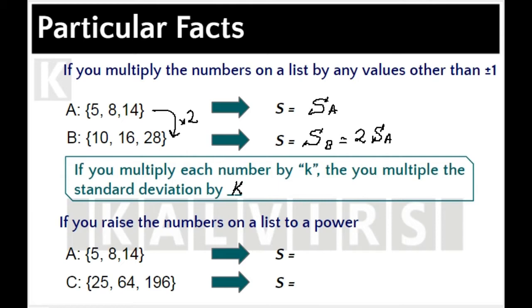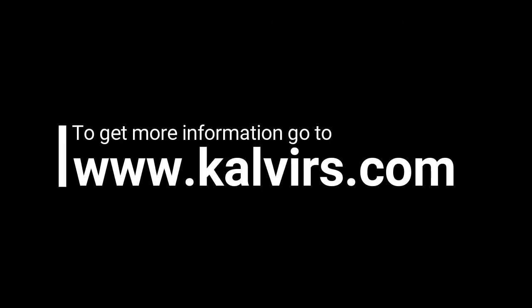Now, if the values of a list are raised to a power, the standard deviation is a different number. So, if the standard deviation of set A is this number, then the standard deviation of C is another number. There is no rule in this case.